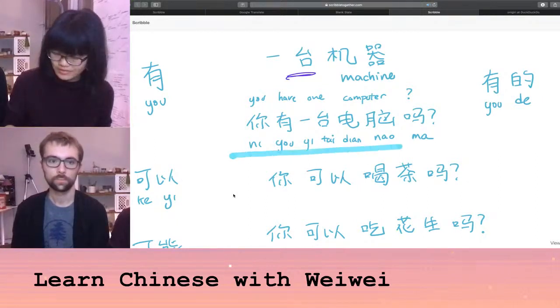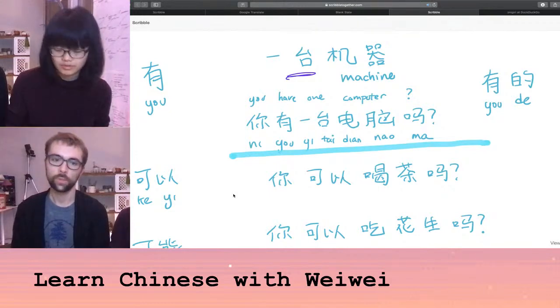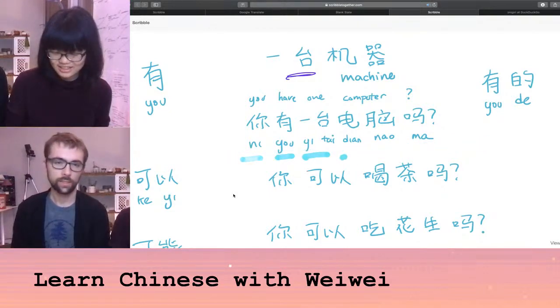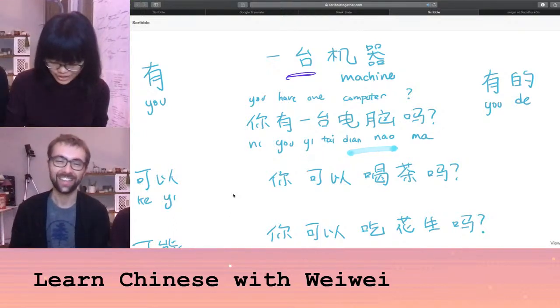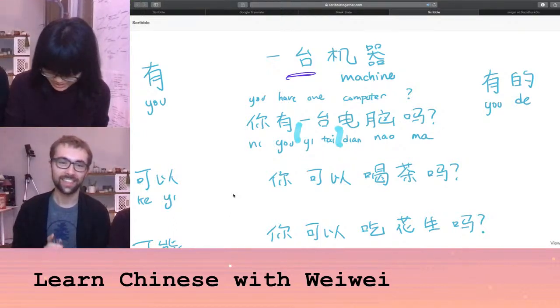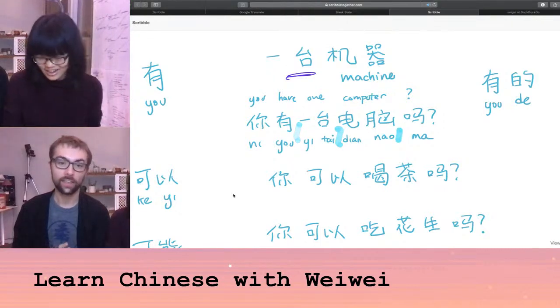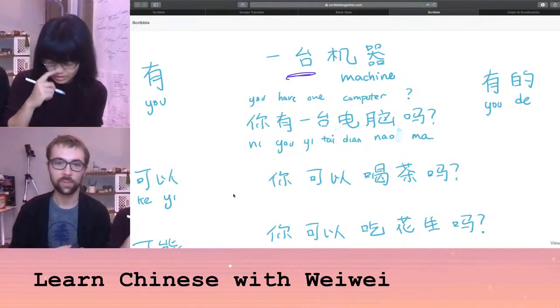Do you have a computer? 你有一台电脑吗? 电脑. Sorry, two different words. Yes. Sorry, I try to keep some space in between. No, I can't tell there's space between them at all.